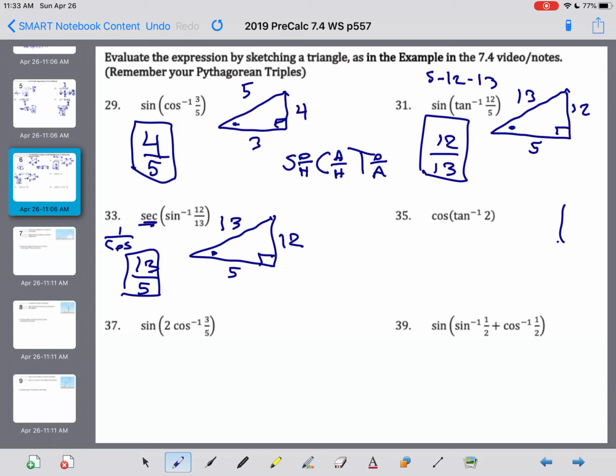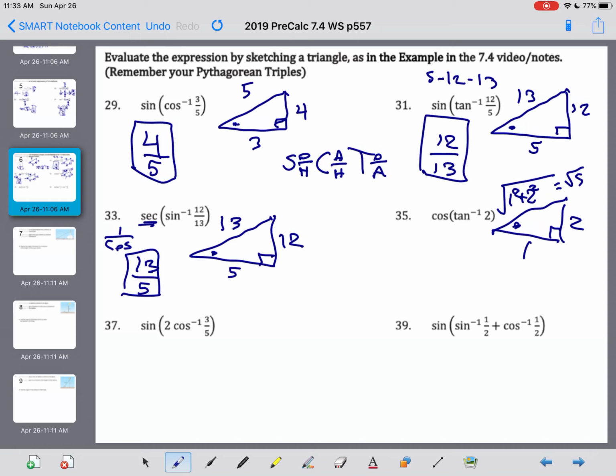Tangent of 2. So again, if I go here, right angle, a tangent is opposite over adjacent. Now this is not a Pythagorean triple, but this length here is going to be the square root of 1 squared plus 2 squared using my Pythagorean theorem, so it's going to be the square root of 5.